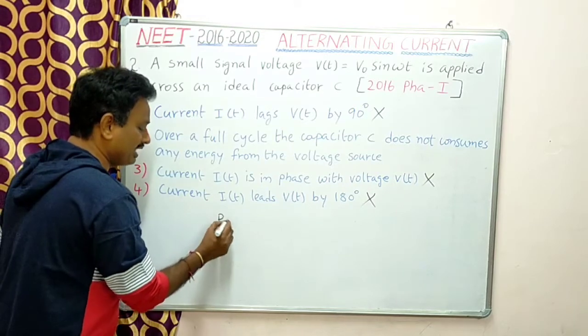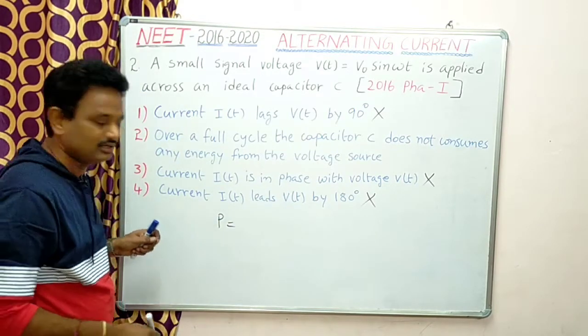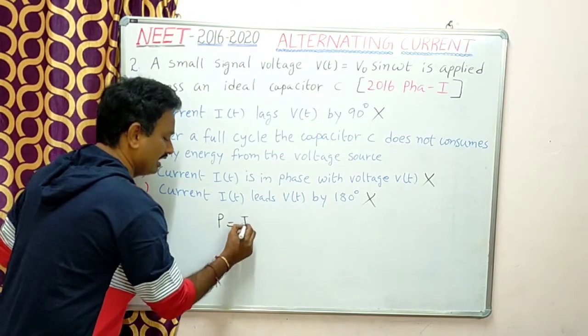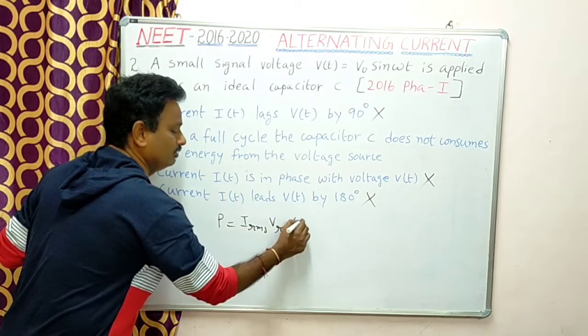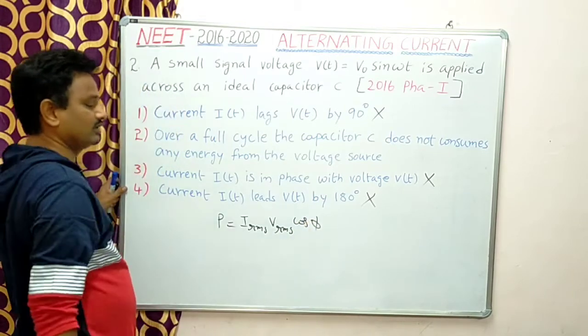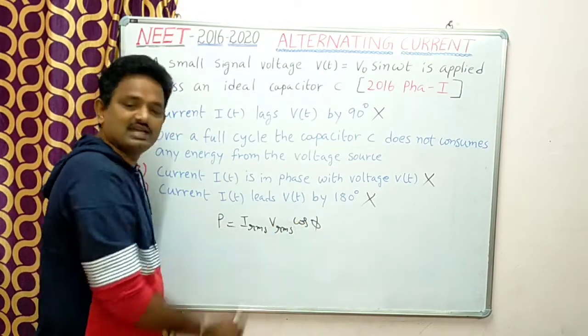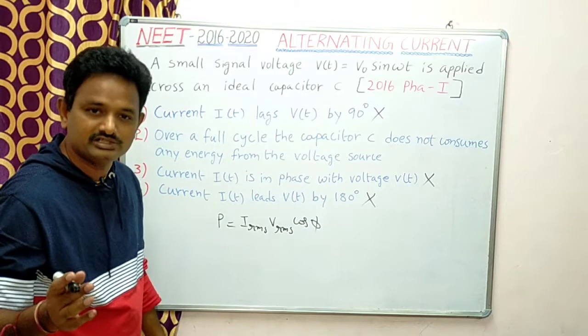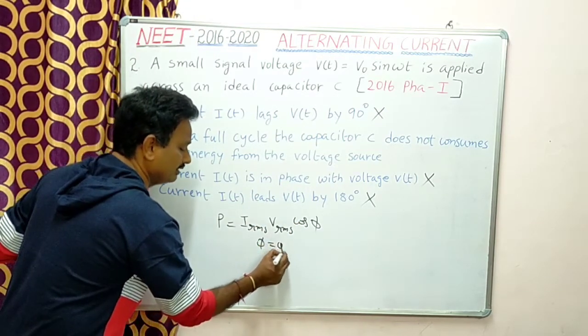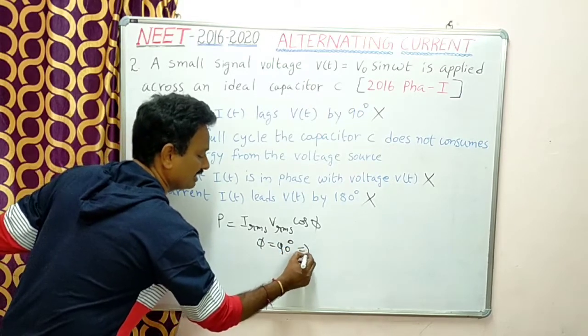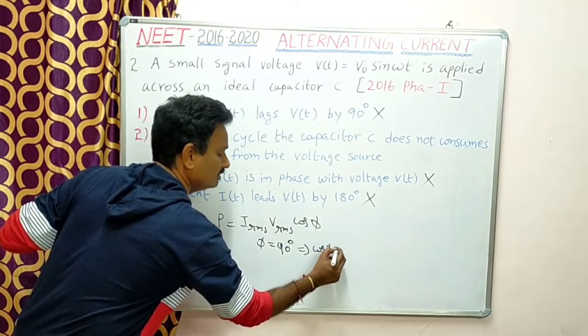We know that P average, that means average power, equal to IRMS into VRMS into cos phi. Here the phase angle between current and voltage is 90 degrees. So phi equal to 90 degrees. That implies cos phi equal to 0.